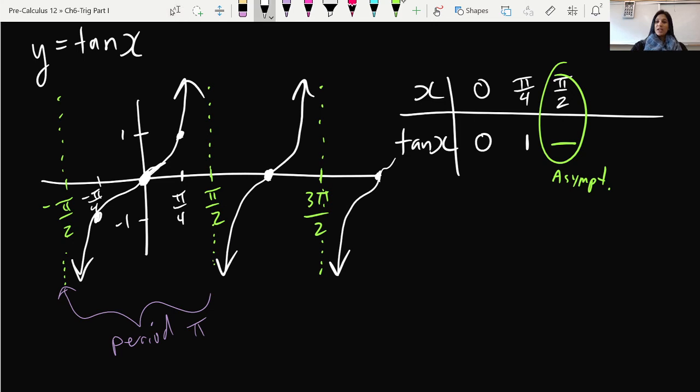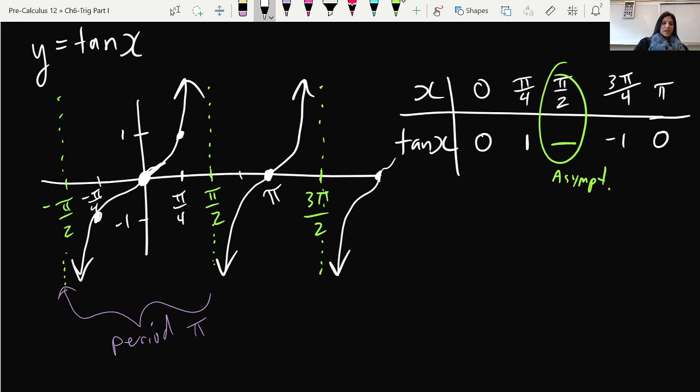So I do want to keep this going so you get a sense of what's happening. At 3 pi over 4, I would have another value at -1. And then if I were to keep that going at pi, I would have a value of 0. So this would be my pi mark where that's happening.